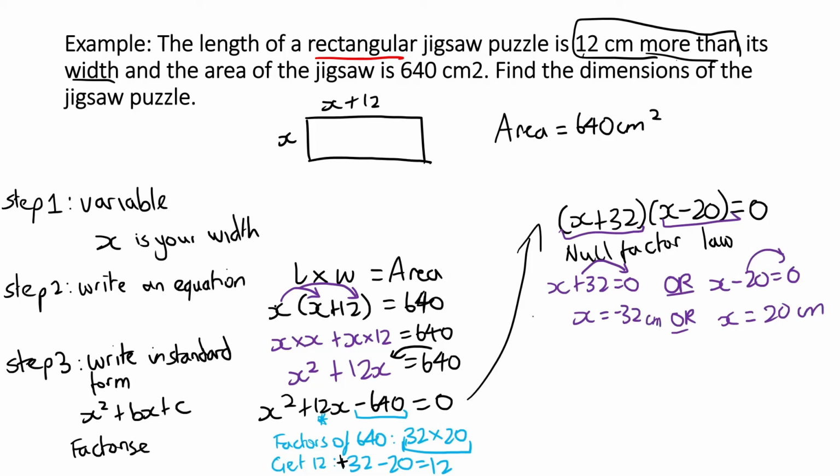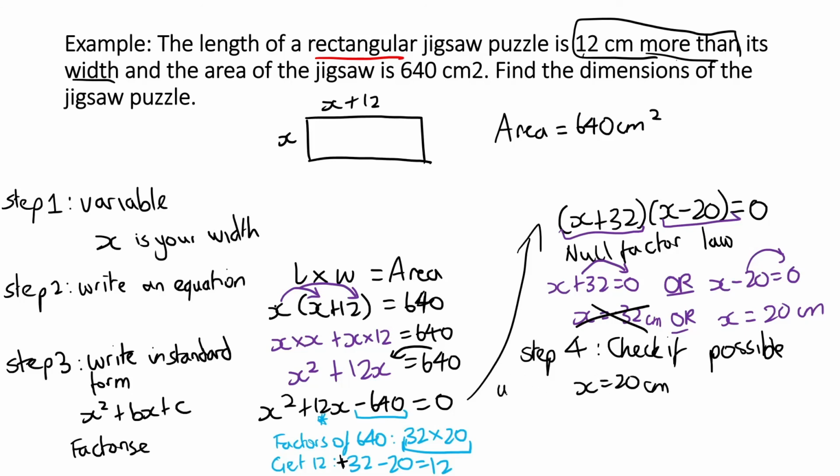Okay, so obviously your width can't be negative, so step 4 is to check if it's real. We can't have a negative width, so basically we don't use this one. So now we know x is equal to 20.